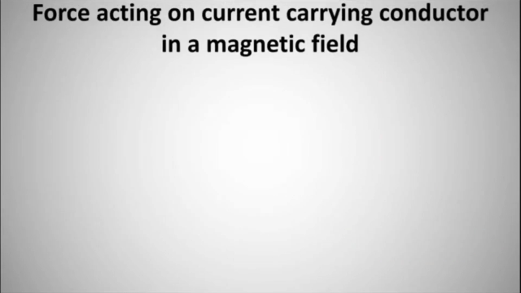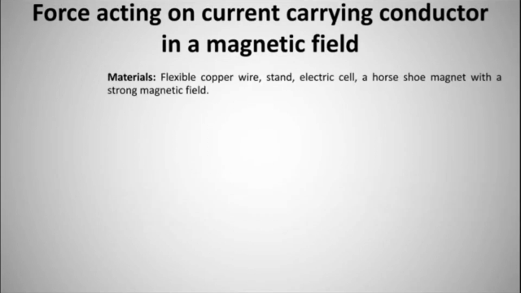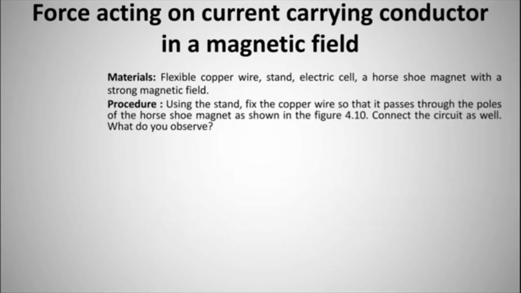Force acting on a current carrying conductor in a magnetic field. To understand how the force acts on the electric conductor in a magnetic field, let us perform an activity, using materials like flexible copper wire, stand, electric cell, and a horseshoe magnet with a strong magnetic field.